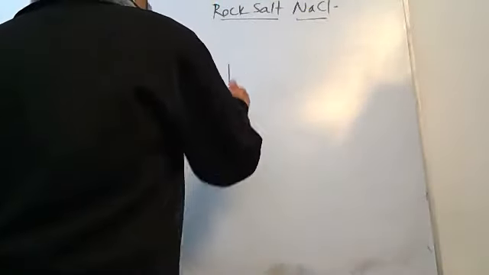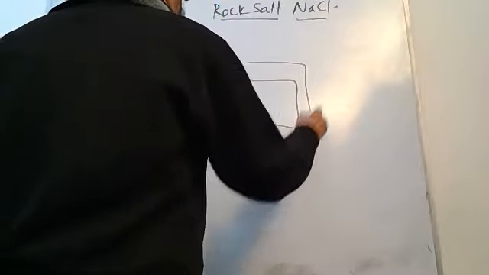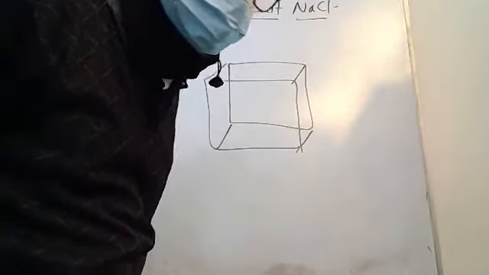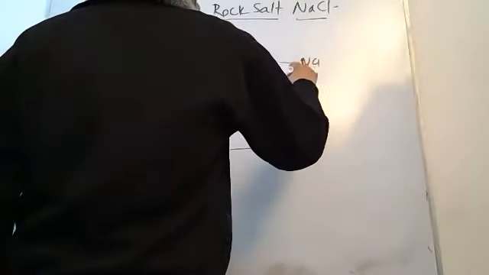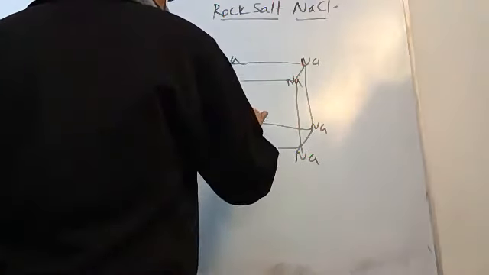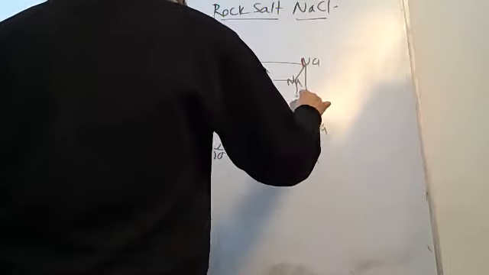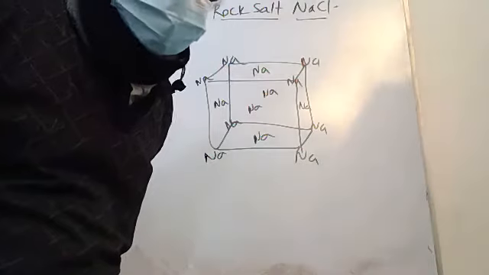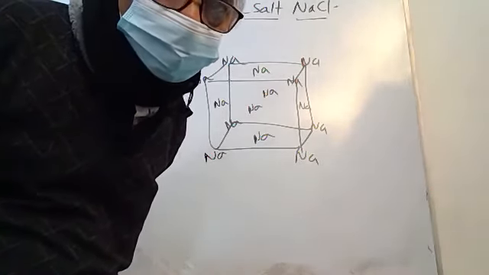In the case of sodium chloride, we have a face-centered cube of sodium atoms. So these are all the sodium ions here, on the centers of the faces and the corners. Got it? That is a face-centered cube of sodium ions.